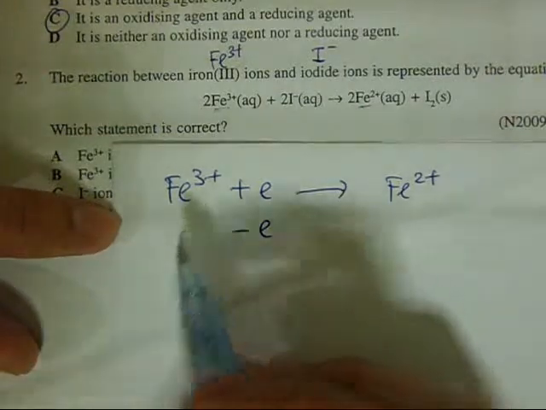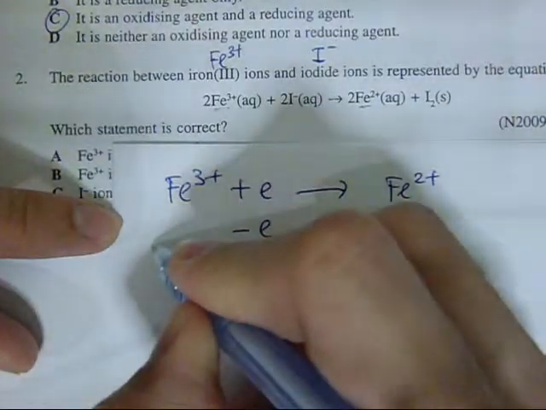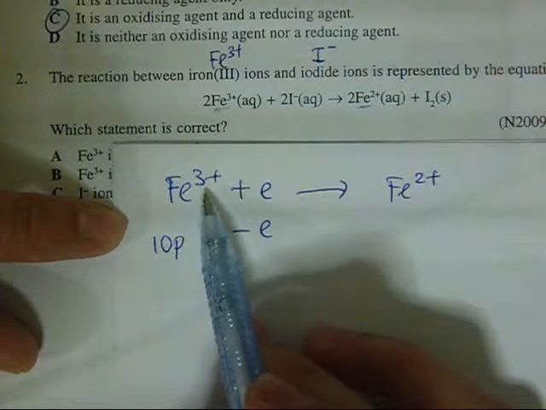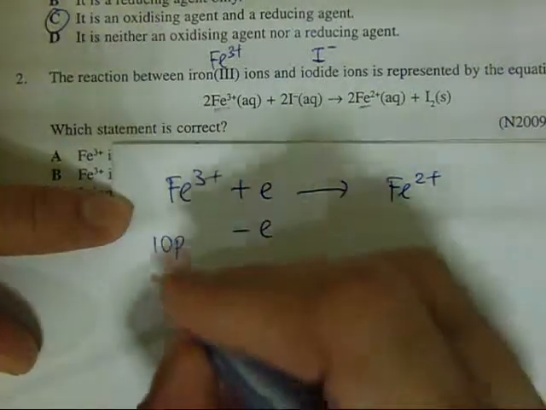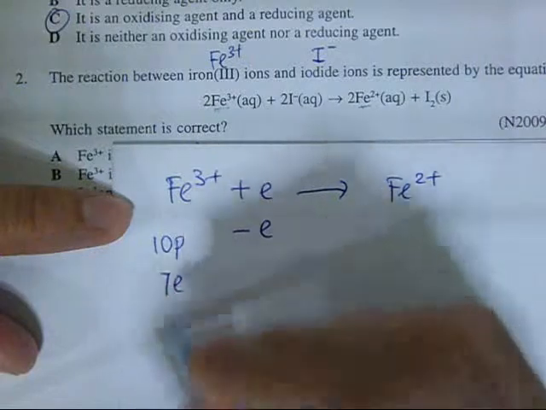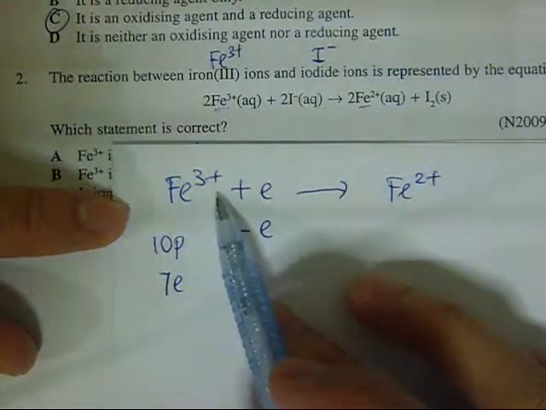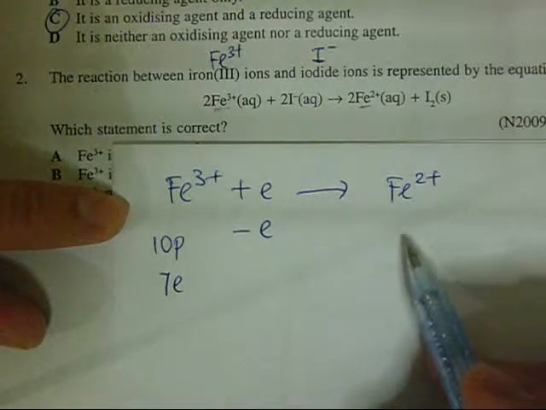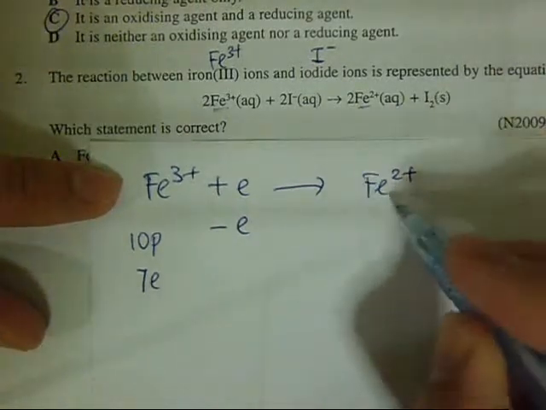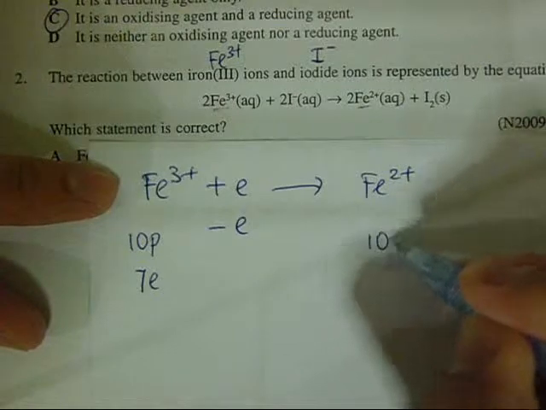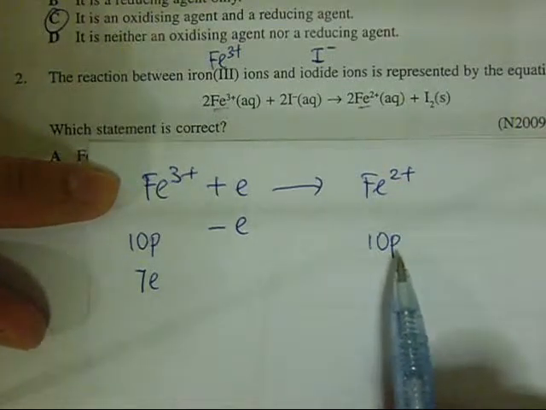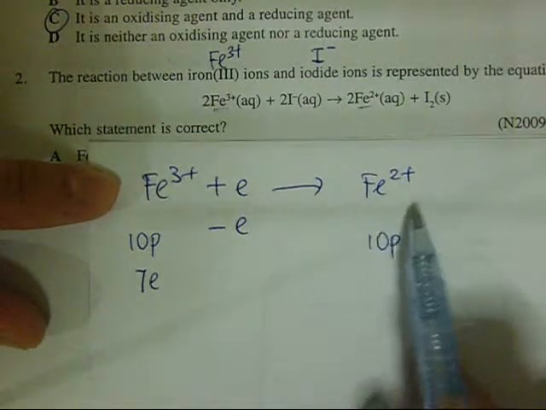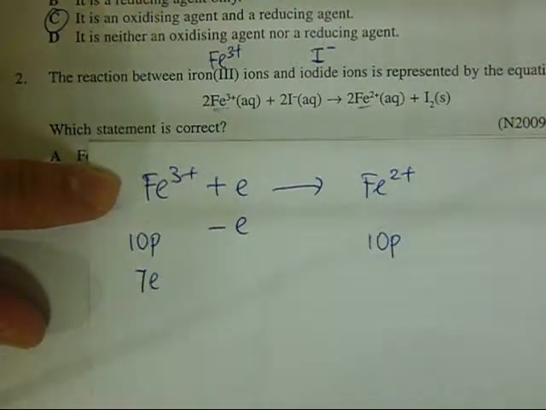So assuming that iron has 10 protons, in order for it to have a charge of 3+, it should have 7 electrons, because 3+ means 3 protons more than the electrons. Likewise for Fe2+, we can assume that it has 10 protons. It must have the same protons because it is the same substance.